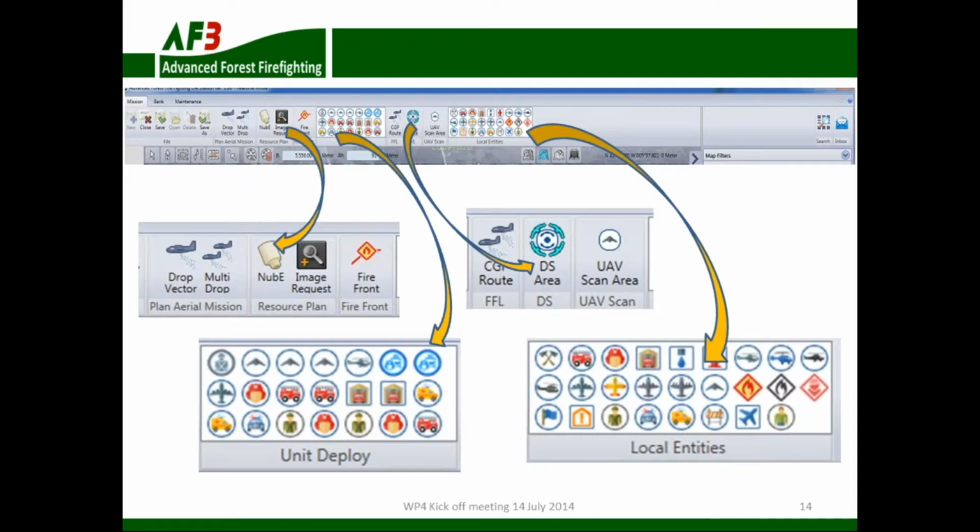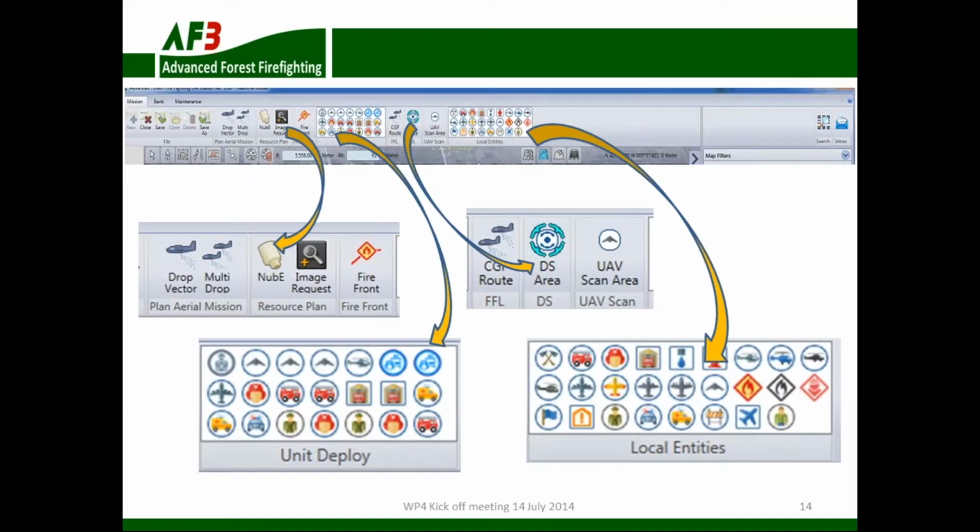Sometimes we need the image data from the UAV, so we can select the image from the UAV and put it on the map. Draw a fire front end on the map, of course. Getting DS data, decision support, from the system and drawing it on the map.